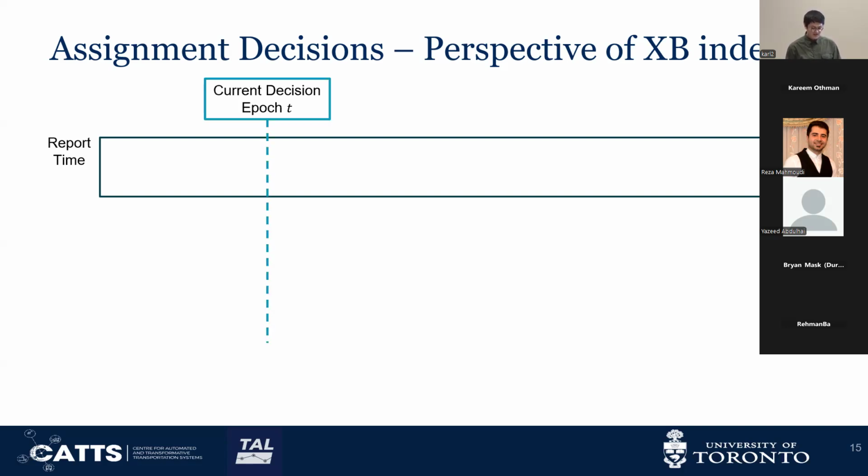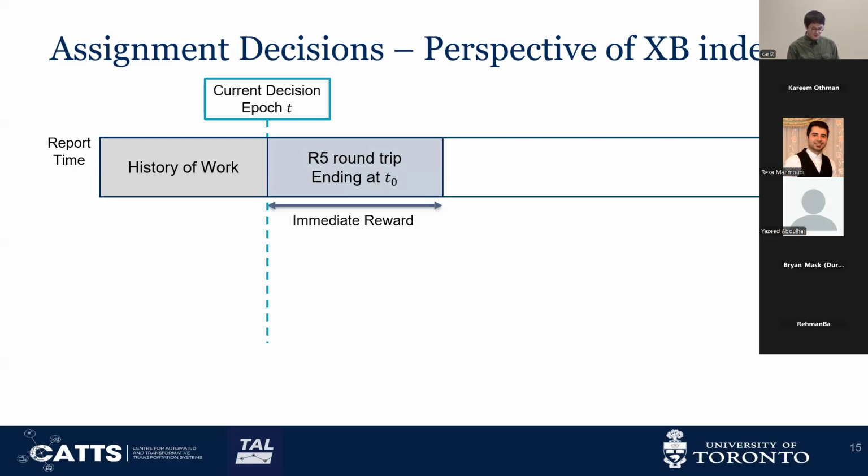And suppose we're at a decision epoch t that's in the middle of their shift. So they've done some work in the past and they're available right now. So let's say we assign them to this round trip. By doing that, we capture some immediate reward from this action. So this reward can be understood as the cost savings from preventing this round trip from being lost.